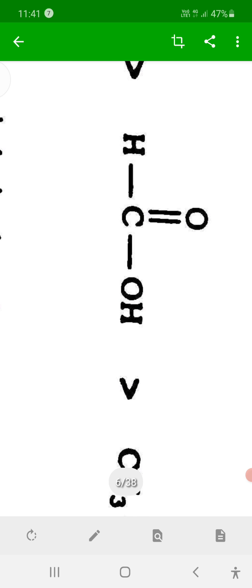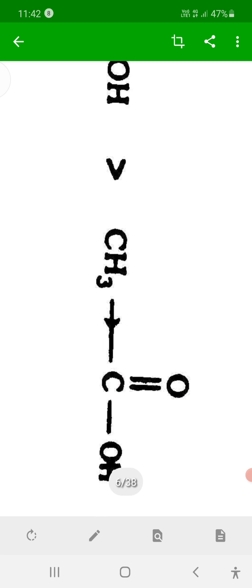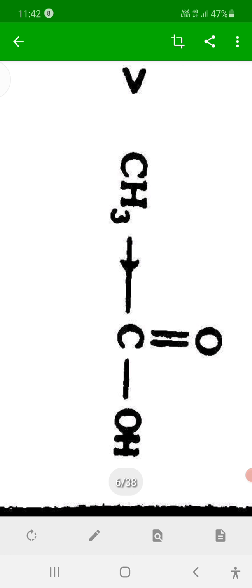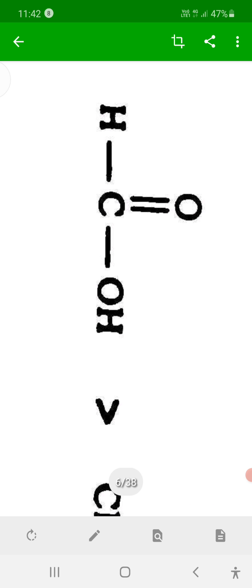Here in formic acid no minus I group is there, and if you compare formic acid and acetic acid, in acetic acid a donating group is there, CH3 is electron donating, and because of electron donation, the deficiency of this carbonyl carbon decreases, and therefore it does not pull electrons effectively, and so there is no effective pulling of the sigma electrons between carbon and oxygen, and therefore the bond between O and H is not as weak as in formic acid.